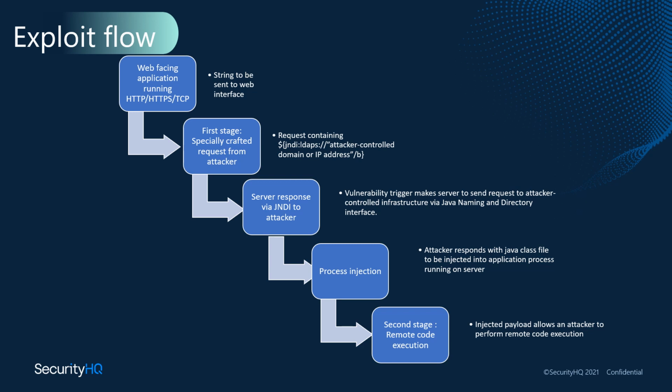The attacker can then control the source code of your application. Once this file is injected into the process, the attacker will get access to perform remote code execution on your server. This allows the second stage of the attack to begin, where the attacker can conduct RCE, remote code execution, on your server.